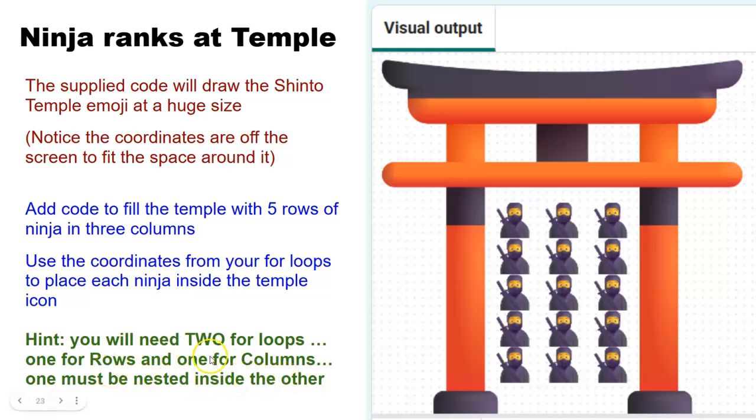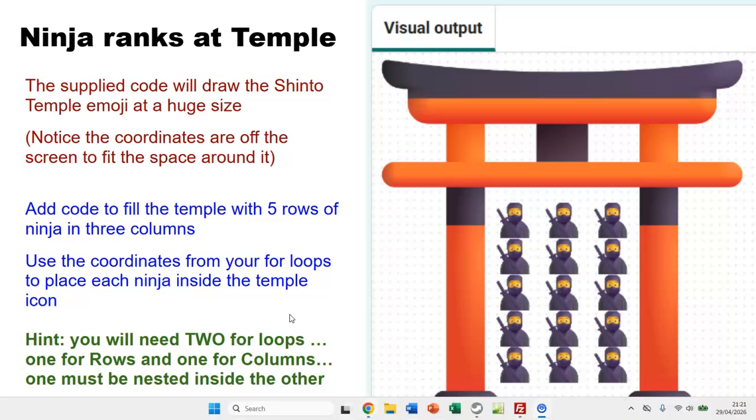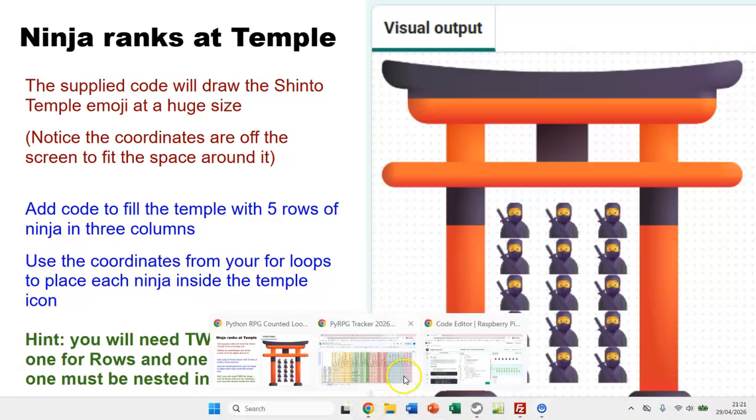So when we talk about nesting, we mean there's going to be indentation and one set of code is going to be inside the other. So just having a quick look at the actual code that we've got here.